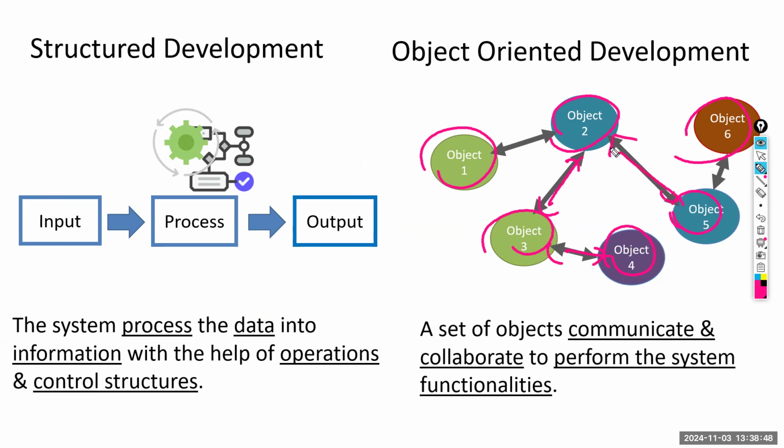Why do those objects communicate and collaborate? To achieve the common objectives. When you think like that and develop the system, we say that we are doing object-oriented software development. A set of objects communicate and collaborate to perform the system functionality and achieve the objectives. If you can understand how this is done, that means you know how to do object-oriented design and development.